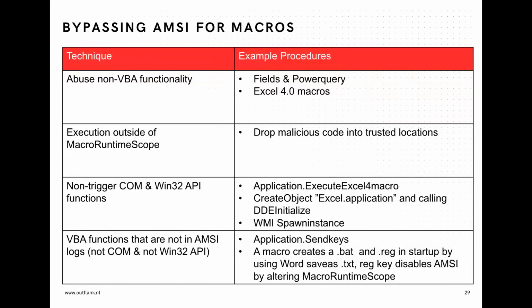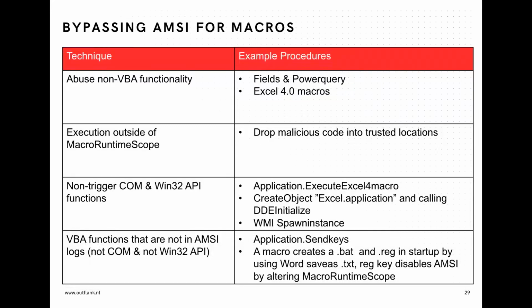And then a fourth category exists: there are features in Word and Excel that are not per se COM or Win32. So how about we create a macro in Word, and the only thing the macro does is write something in a Word file and save it as a text file, but with the extension .bat, and another with the extension .reg.